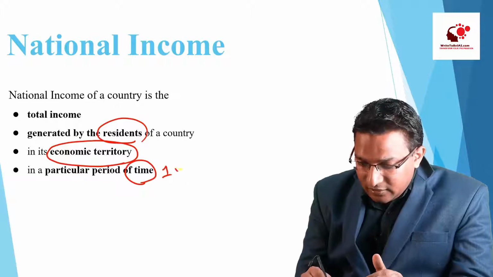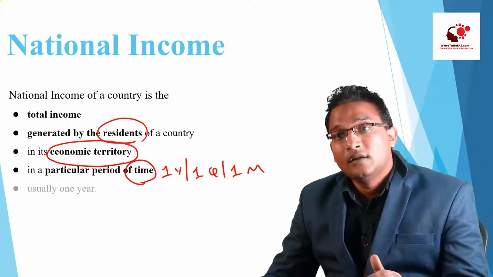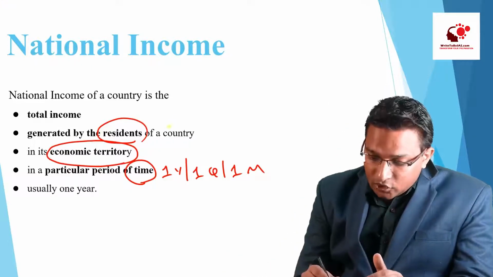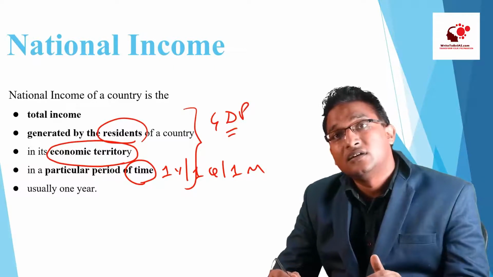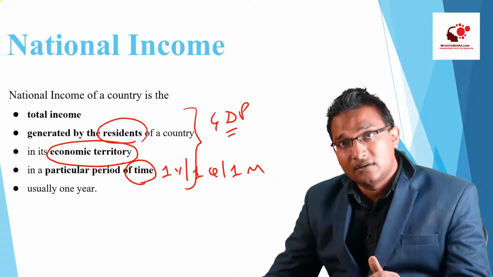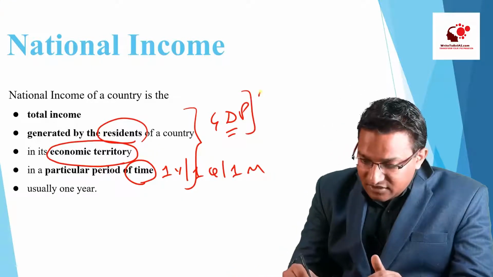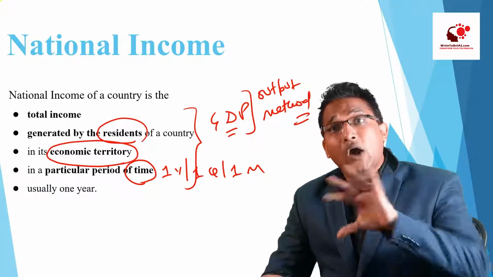That can be 1 year, 1 quarter, or 1 month. Usually 1 year, right? So this is the definition of GDP. We have already seen this is the definition of GDP, which comes in the output method, right?